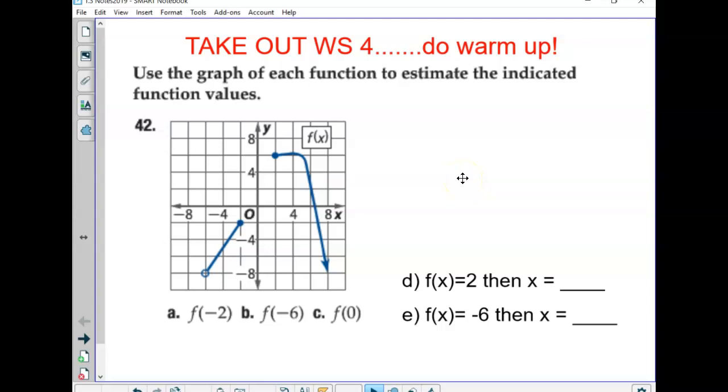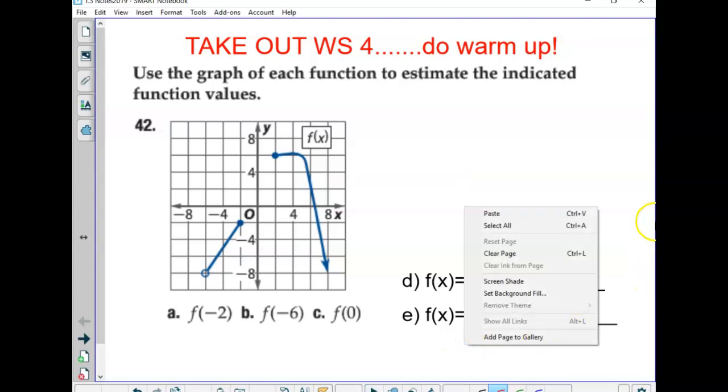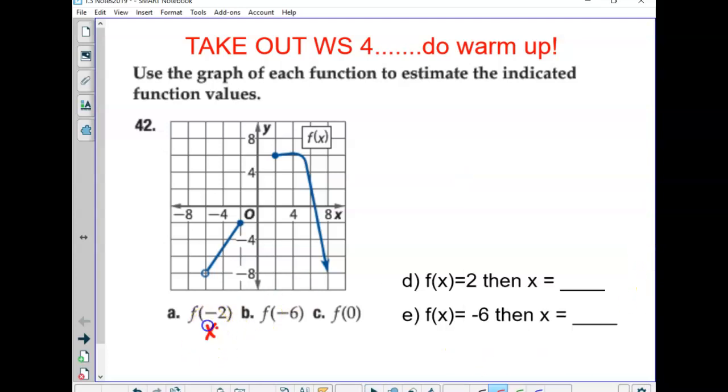Little warm up. How do we find f of -2 using this graph? Okay, we go to x equals -2, which would, according to this, be here, right? Because they're counting by twos. And what y value do we get?